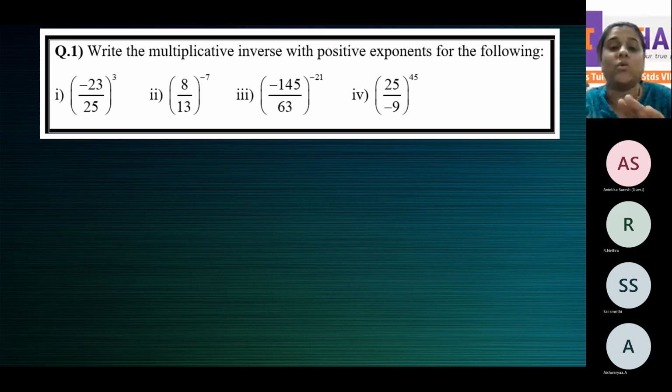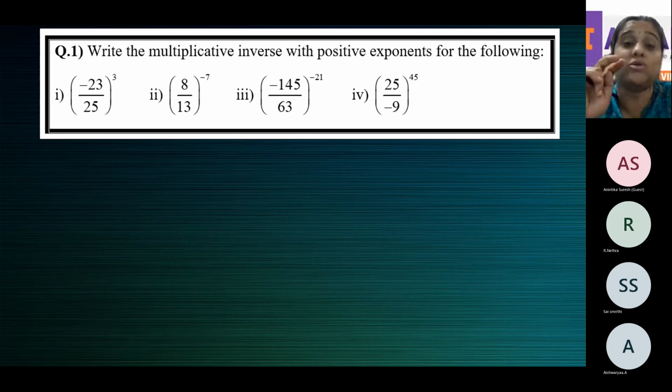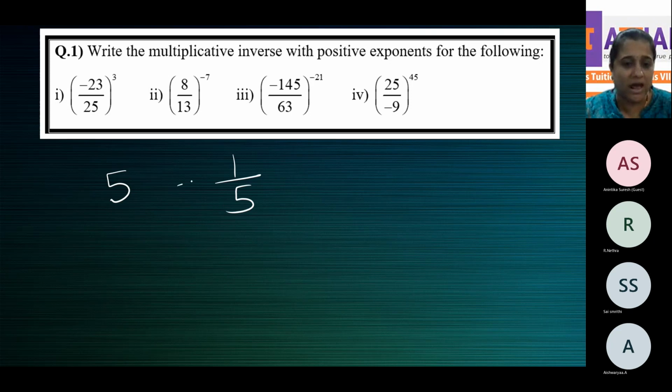Now what we learned so far is how to write the equivalent of a given expression. Now we'll learn how to write the reciprocal. If you have an expression in exponential form, how do you write its reciprocal, not equivalent? They are two different things. See here, 5 and 1 by 5, are they equal?